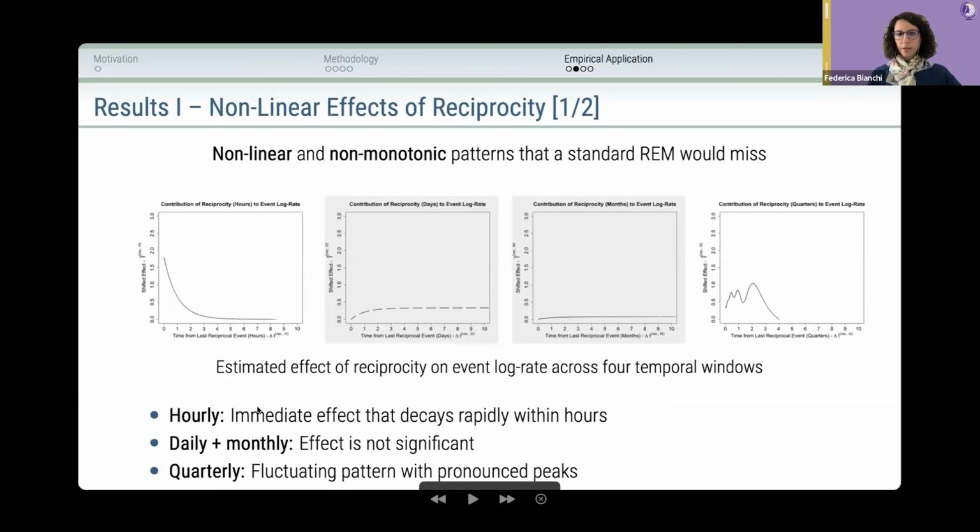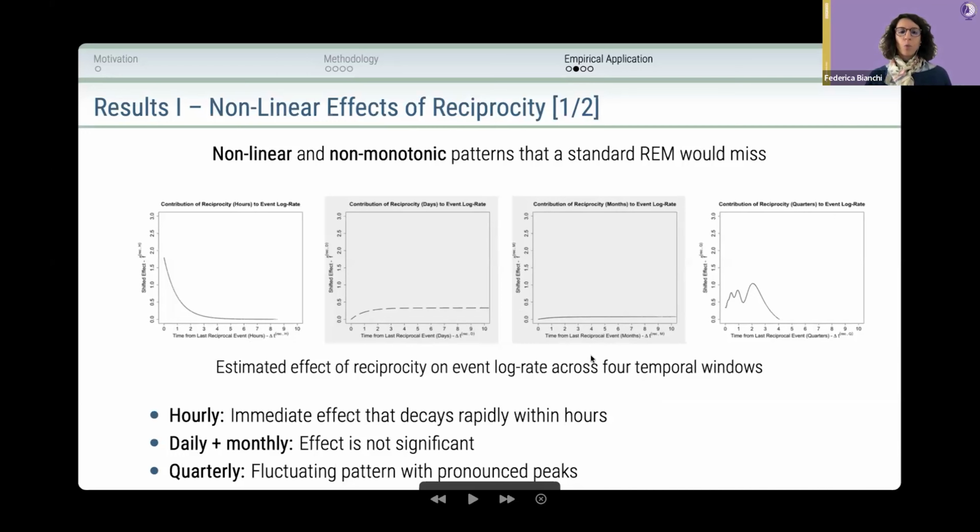And what we immediately notice is that reciprocity is active at hours, and exerts its effect at the hourly and the quarter level, because you see here at the daily and at the month level, the effect of reciprocity is not significant.